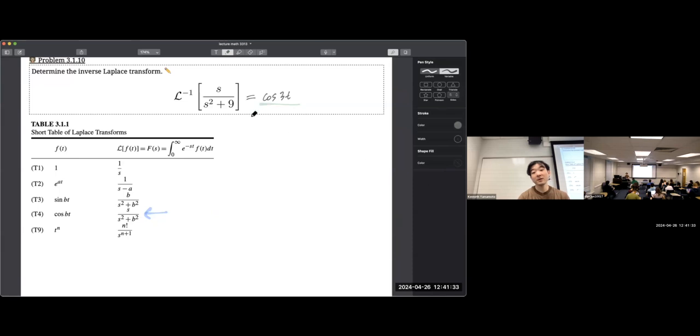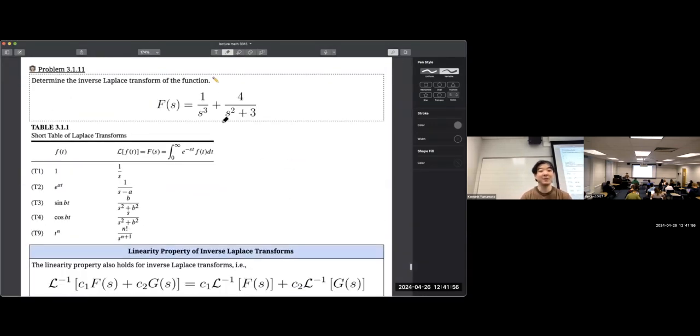So you could also say cosine of -3t, because of course -3 squared would also be 9. But what do we know about cosine functions? They're even, so cosine of -3t is the same as cosine of 3t. So that's fine. That's your inverse Laplace transform.